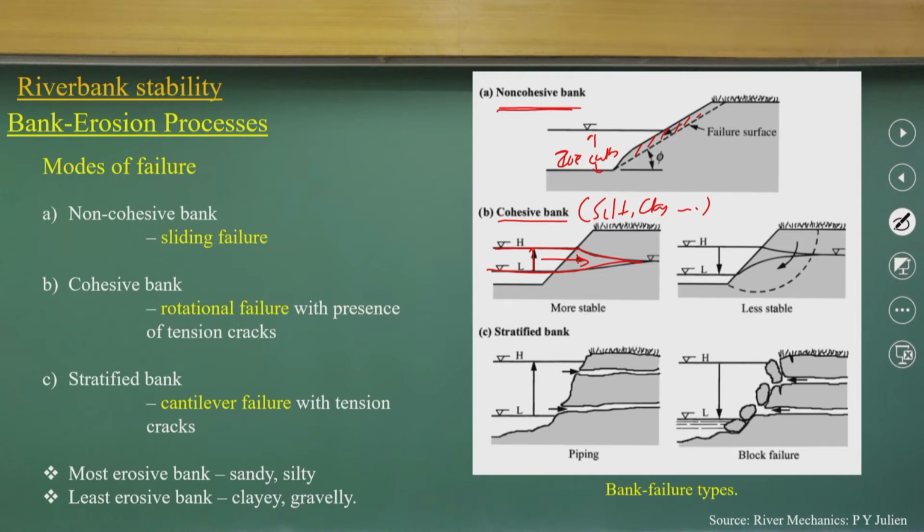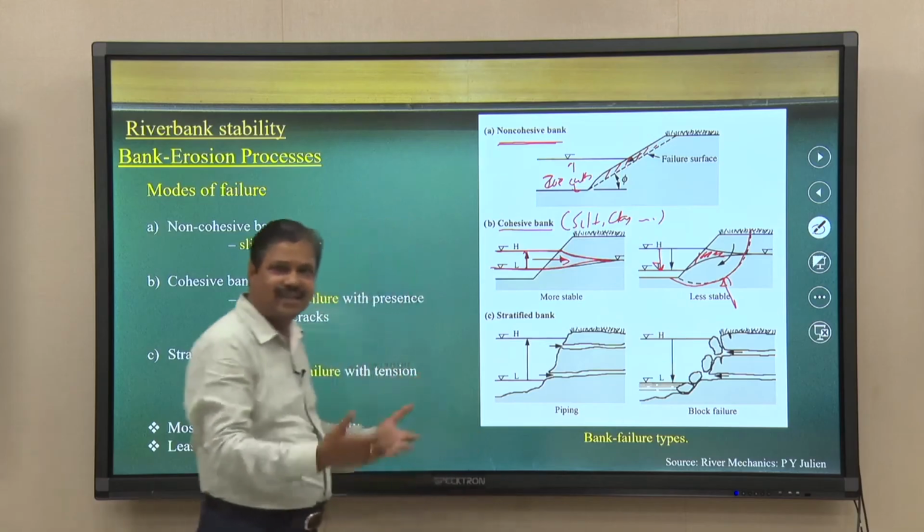But what actually happens is, when the flood recedes, when it goes back from high flow to low flow, this saturated mass has additional weight as compared to the low flow earlier. So, this is a saturated soil mass. Because of that, it makes failure cycles and it has rotational failures like landslide problems.